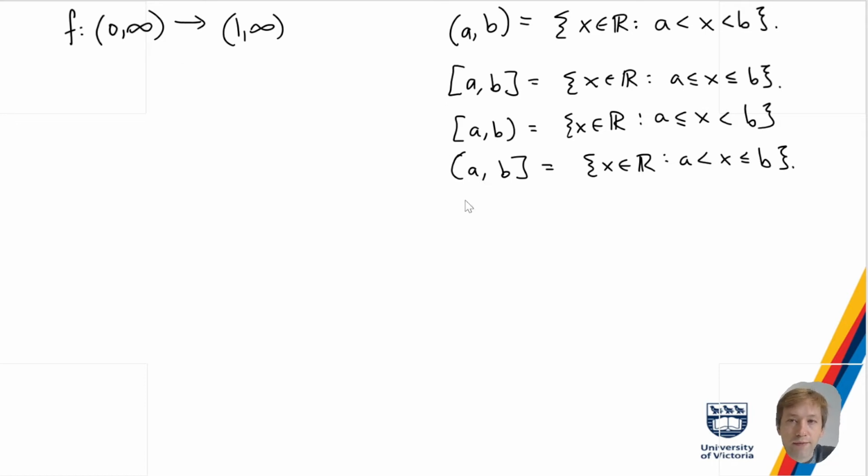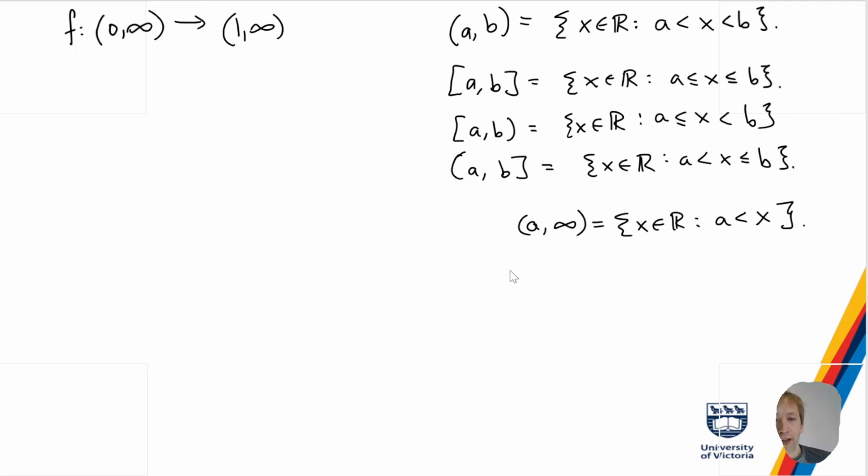When you do that with infinity, so if I write, say, a to infinity, that's the set of all real numbers such that x is bigger than a and less than infinity. Or in other words, every real number is less than infinity, so you can just write that x is bigger than a.